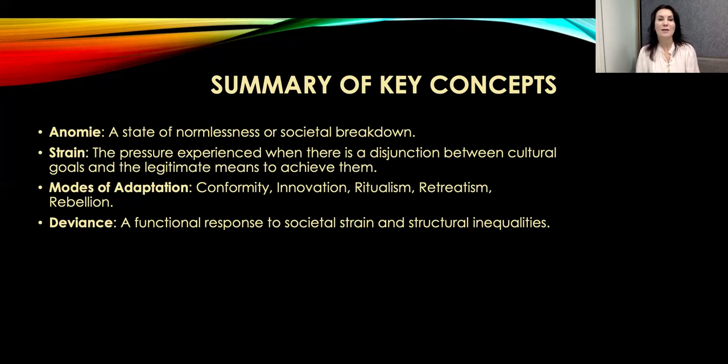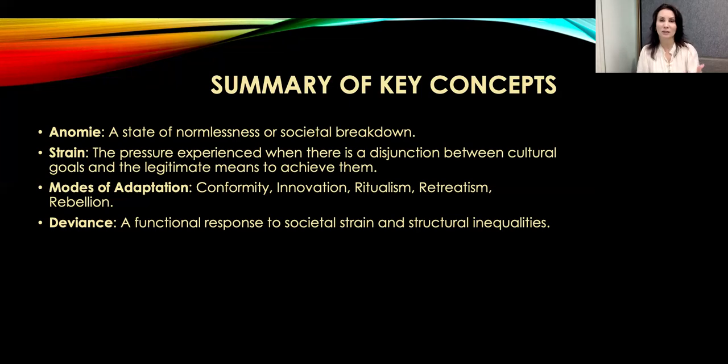Strain is another concept, introduced by Robert Merton. It is the pressure experienced when there is a disjunction between cultural goals and the legitimate means to achieve them. That's introduced by Robert Merton, and we call it Merton's typology. There are five types of people who go through life taking different ways to achieve cultural goals by using institutionalized means to achieve those goals.